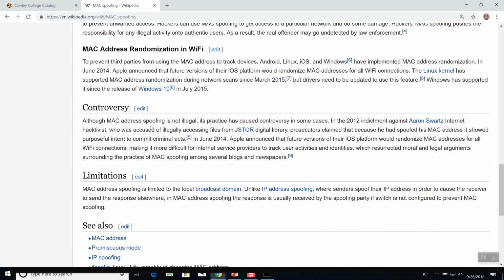Although MAC address spoofing is not illegal, its practice has caused controversy. The 2012 indictment against Aaron Swartz, internet activist, who was accused of illegally accessing files from the JSTOR digital library. Prosecutors claim that because he had spoofed his MAC address, it showed purposeful intent to commit criminal acts.